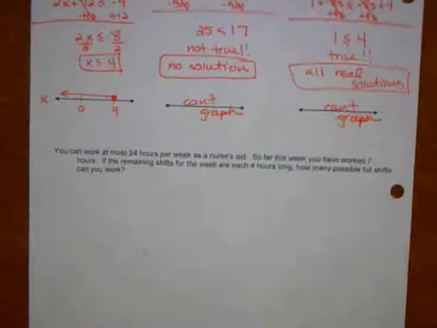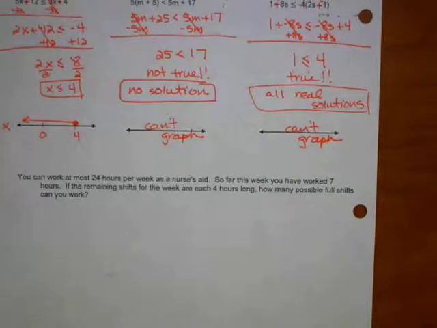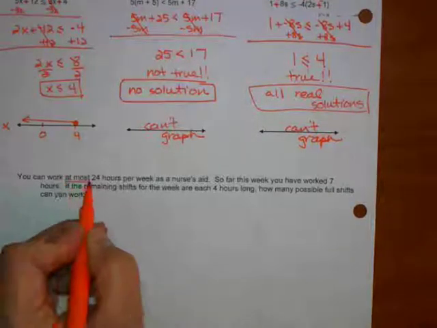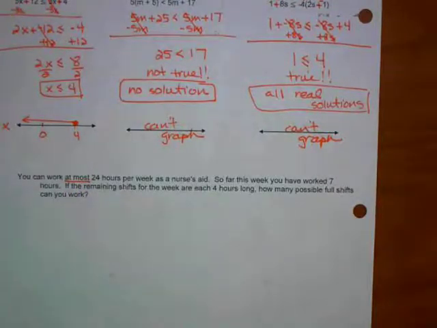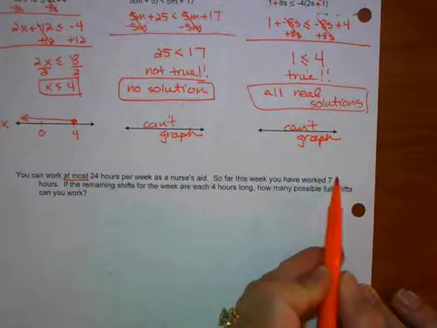Okay. Let's finish this. You can work at most 24 hours per week as a nurse's aide. Oh, at most. Those words tell me I'm going to write a what? Equation or inequality? Inequality. Those words tell me I'm going to write an inequality. So far this week, you have worked 7 hours.